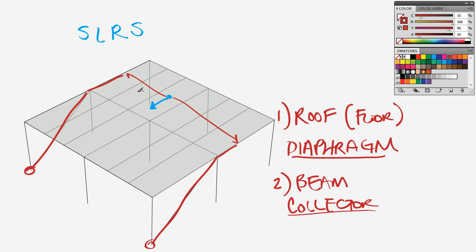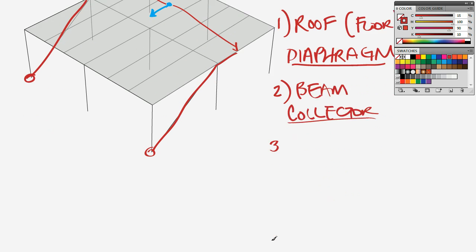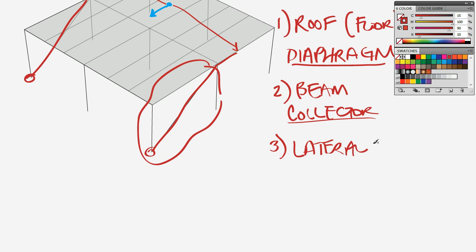So these guys are acting as collectors. And then the last element of our system, I'm going to give a general name for this whole thing. We're going to call it our lateral force resisting frame.